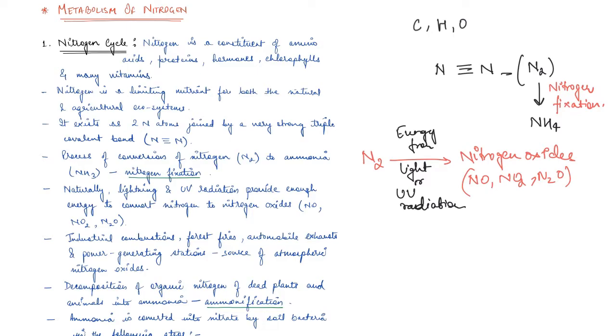Now, apart from this, industrial combustion, forest fires, automobile exhausts, and power generating stations are also sources of atmospheric nitrogen oxides. Now, there is decomposition of organic nitrogen of dead plants and animals into ammonia. So, there is another process where there is decomposition.